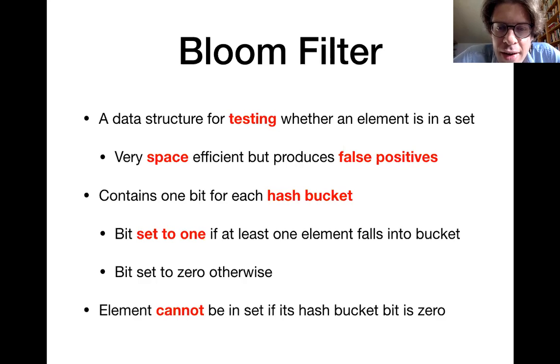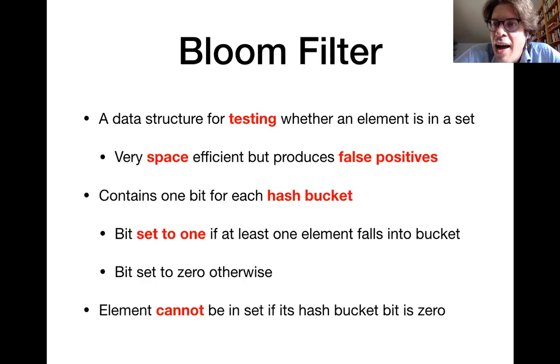The way it works is using a hash function. The Bloom filter is essentially a vector that stores 1 bit for each bucket of a hash function. This bucket is set to 1 if there is at least one element in the set whose hash value falls into that bucket. If there's no element in the set whose hash value falls into the bucket, then the bit is set to 0.